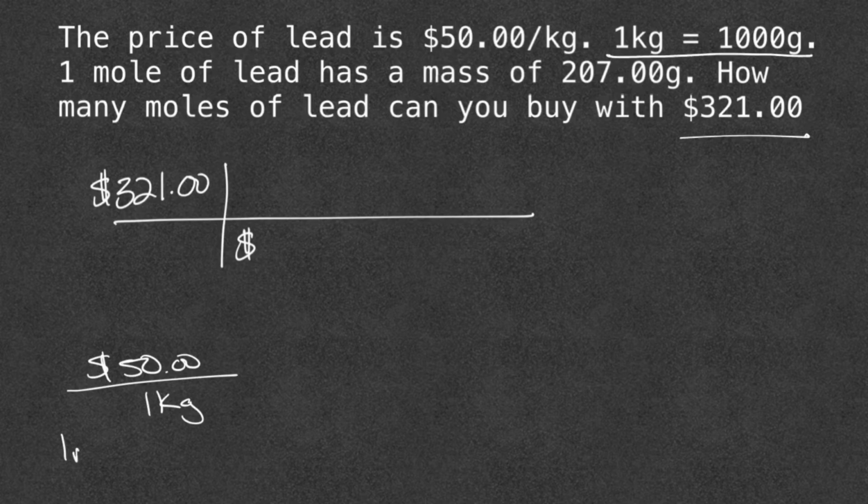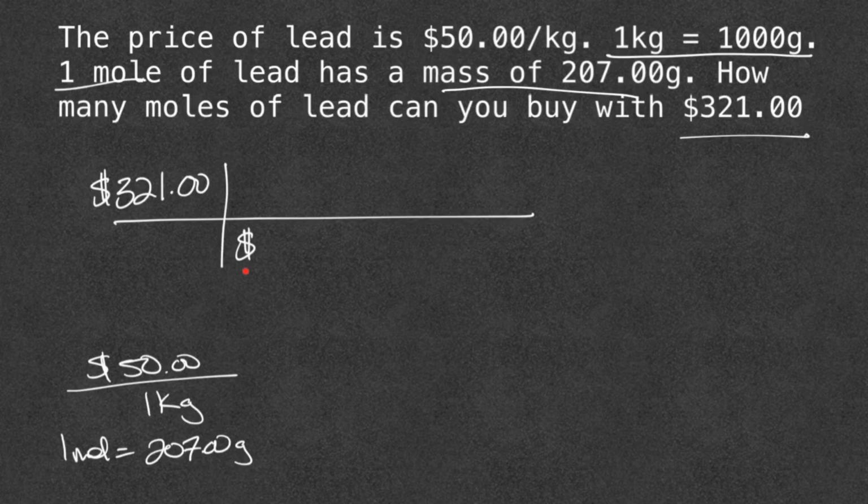We also have 1 mole. Now this is a chemistry unit. 1 mole is equal to the mass, 207.00 grams. Who cares that we don't know what a mole is yet? Because the conversion factor can be made, so it doesn't really matter. But we will learn more about moles as chemistry goes on. So here's our 2 conversion factors.